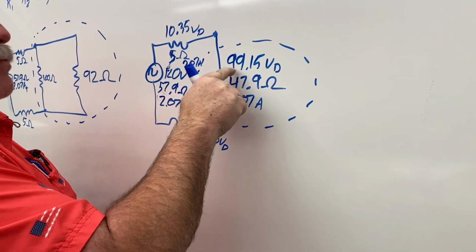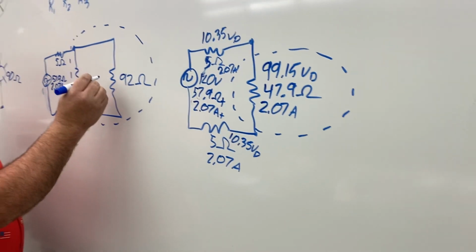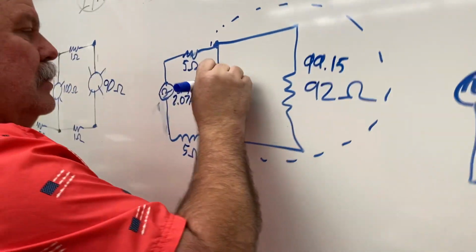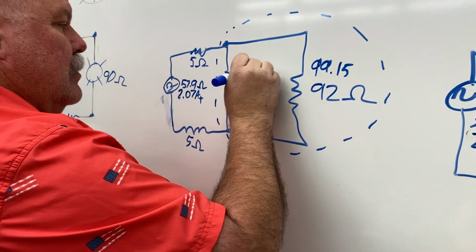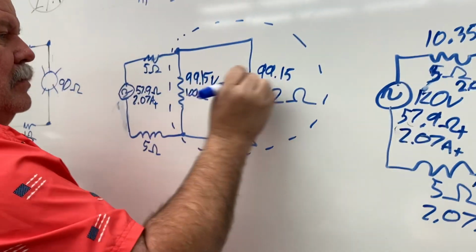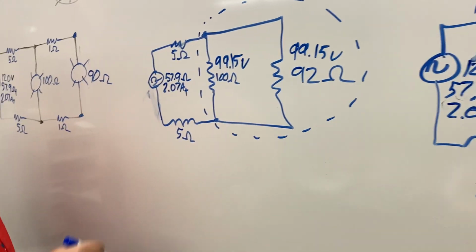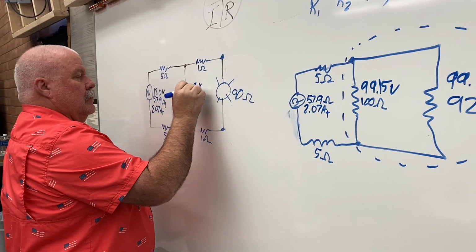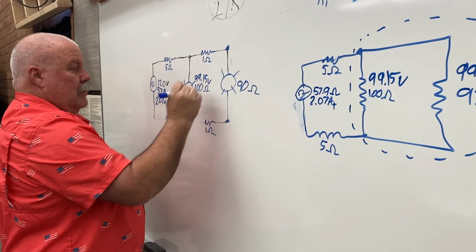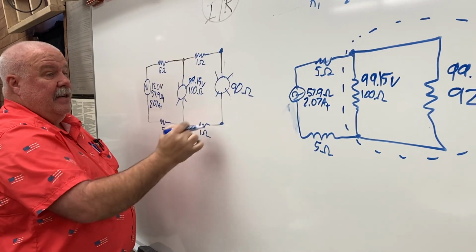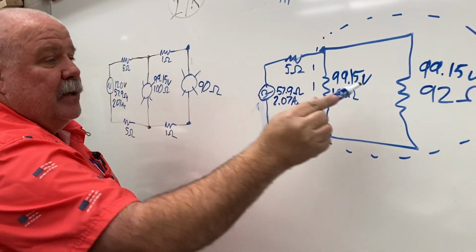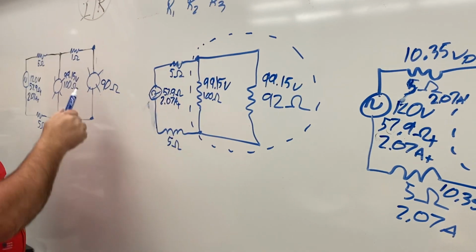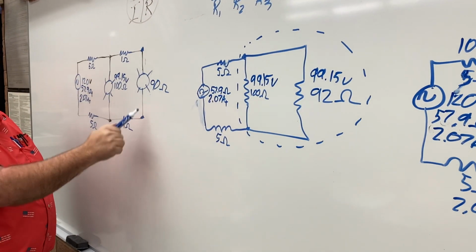So this 99.15 is going to be the same on these. So this is going to be different than 99.15 because we have to figure out the amps flowing through here to find out what the voltage drop is going to be on each of these, right?